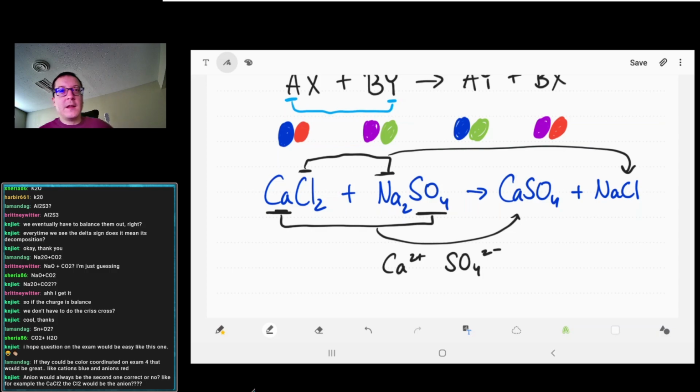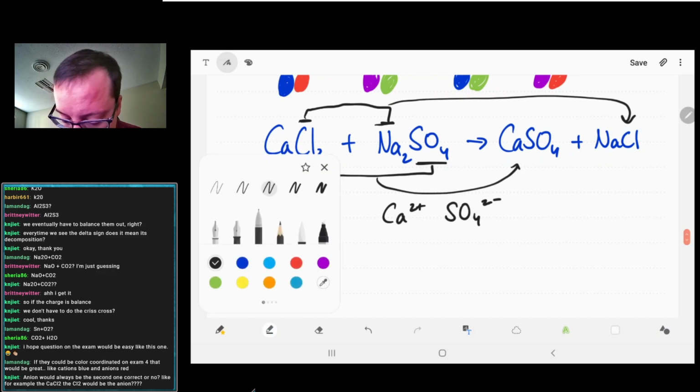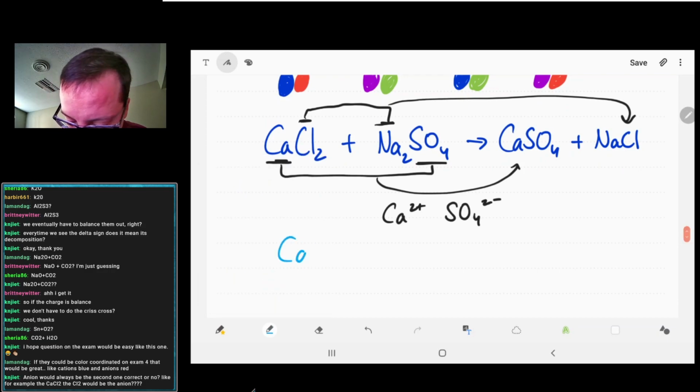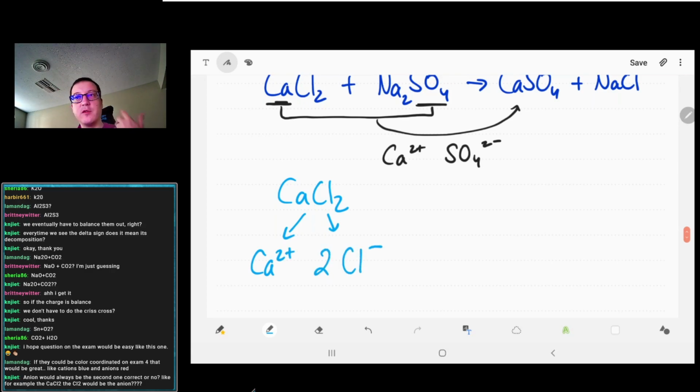Okay. Let's have a look. Aha. So in calcium chloride, I turned the mic back on. So remember, this means we have 1 calcium ion, 2 chloride ions. That's what that means. So if these are our ions we're putting together, crisscross it if you like, they're both 1.